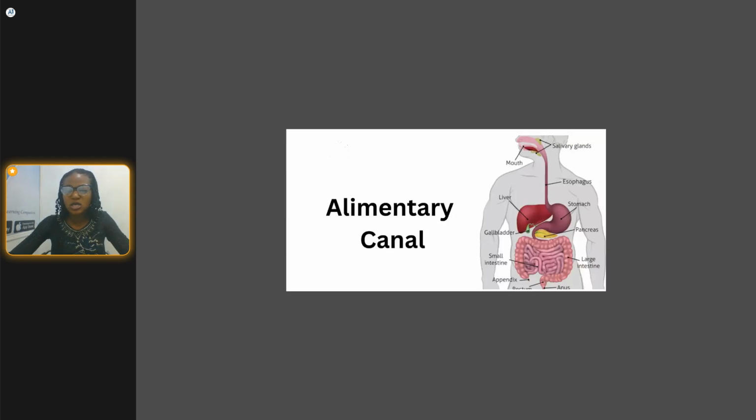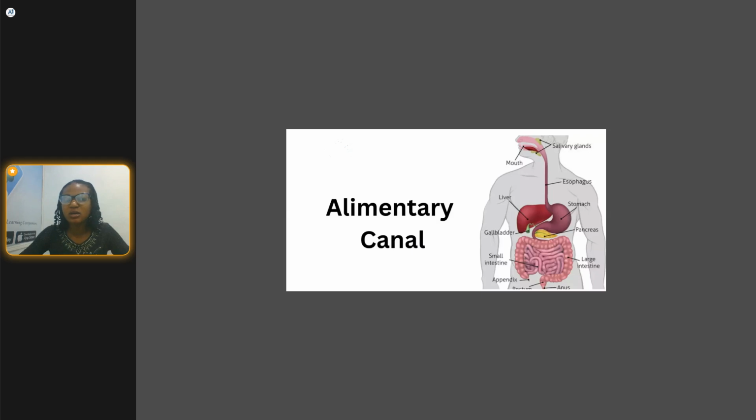As you can see on the board, we have the alimentary canal here. All right, as you can see, this is the alimentary canal. Okay, so your digestion cannot take place in the absence of the alimentary canal.